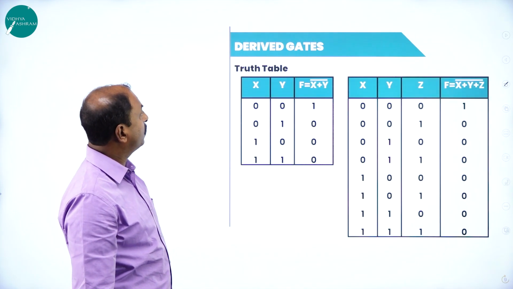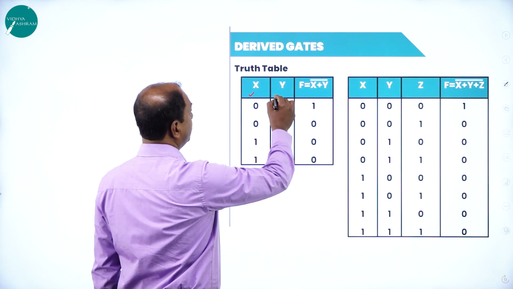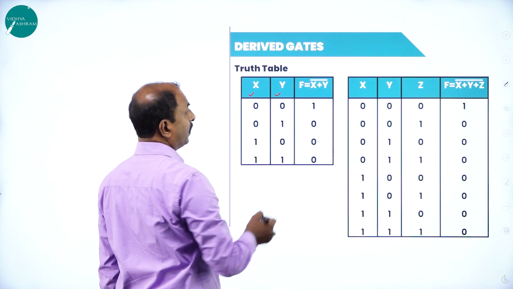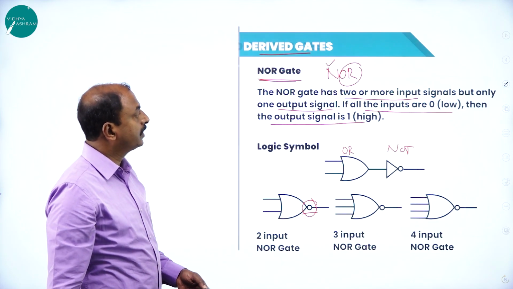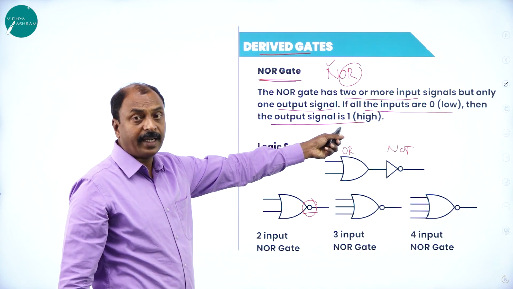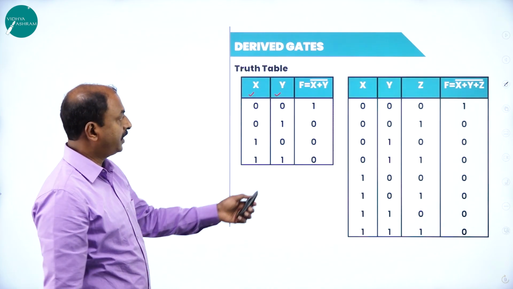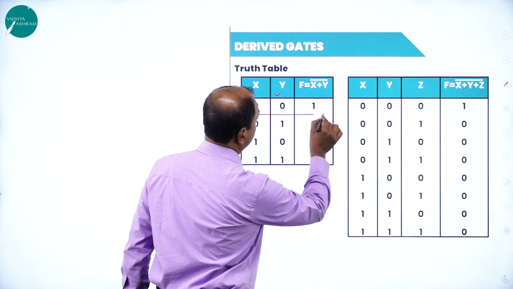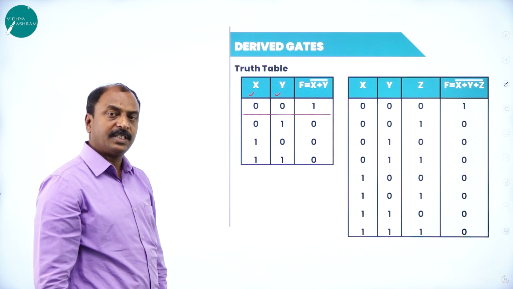Now let us see the truth table of this. 2 variables, 4 combinations. Now as per the definition, if all the inputs are 0, output is high. Accordingly, in the truth table, this is the combination where all the inputs are low. Low in the sense it is 0.